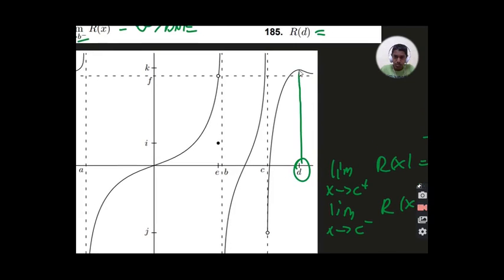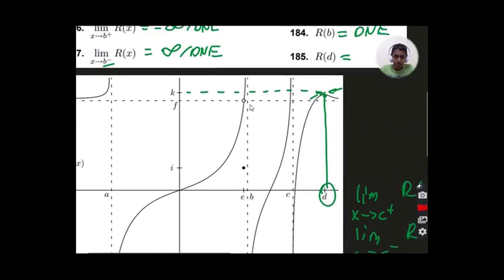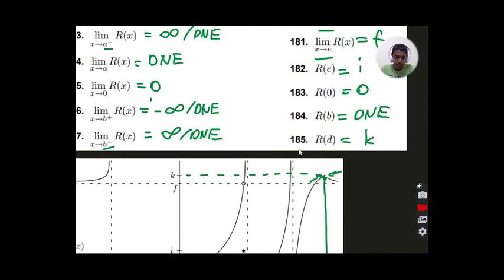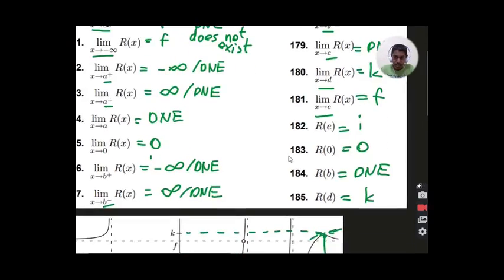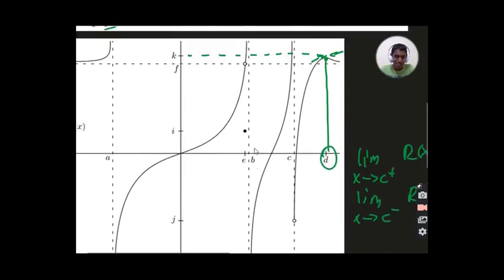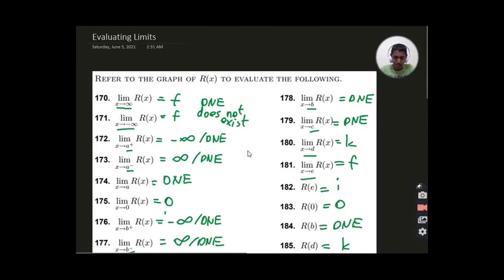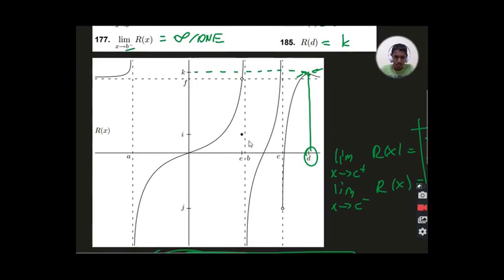So r of d is, once again, going to be the same as the limit, because r is continuous around that point. So r of d is just going to be k. And if you didn't understand what I meant by continuity, don't worry, we'll get to the formal definition of continuity eventually. So yeah, we did all of these problems to sort of introduce the idea of limits, and so now let's see this idea show up in a lot of different ways.